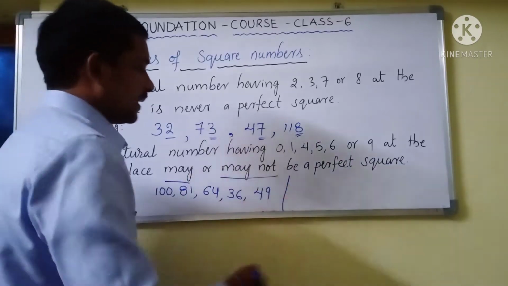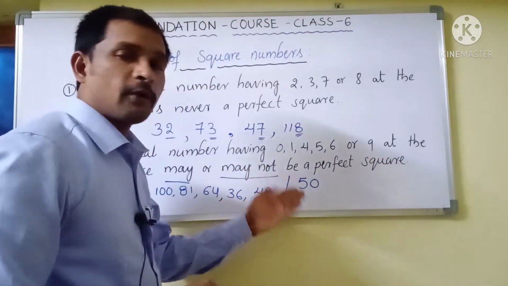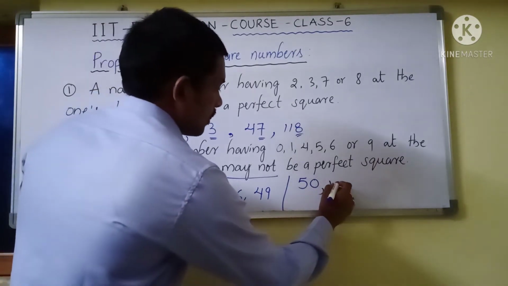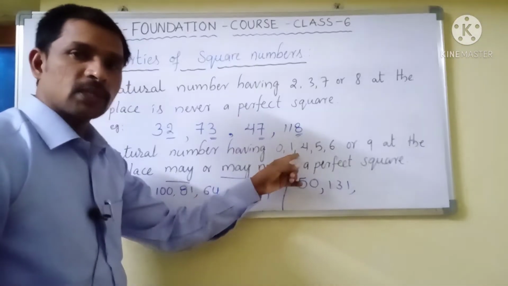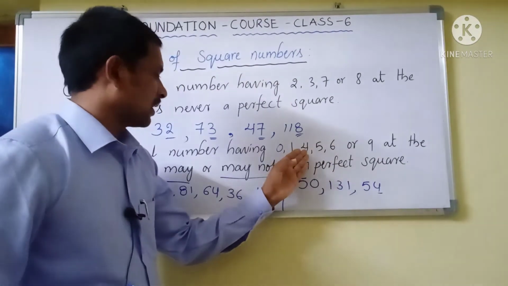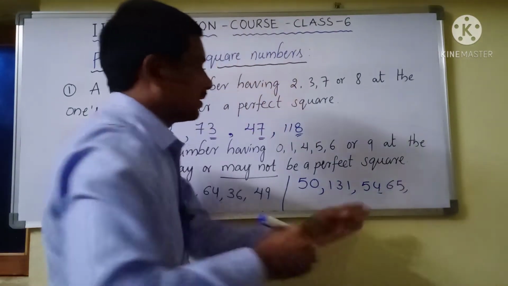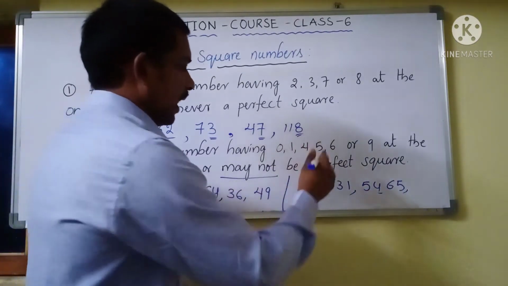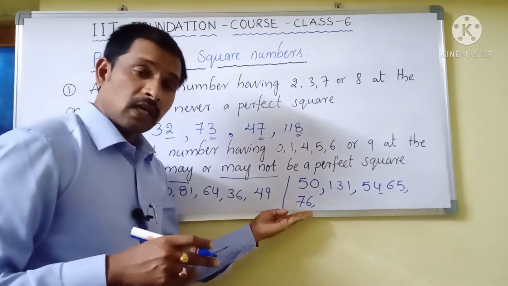For example, 50, a number ending with 0, is not a perfect square. 131, ending with 1 in its units place, is not a perfect square. 54, ending with 4 at the units place, is not a perfect square. 65, ending with 5 at the units place, is not a perfect square. 76, ending with 6 at the units place, is not a perfect square.